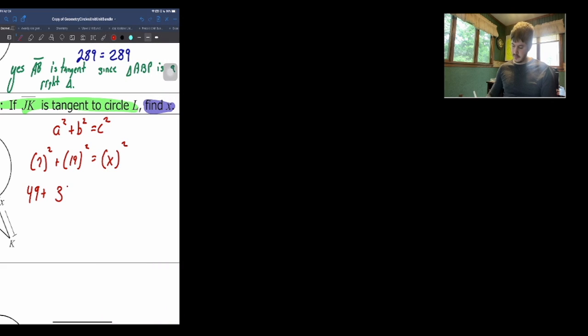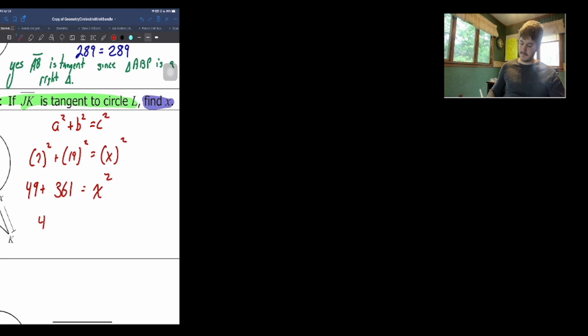Oh, that was a good guess. Equals x squared. And just by looking at this, I don't think we're going to get a whole number here, because the left-hand side, I think, is now 410. 410 is not a perfect square.